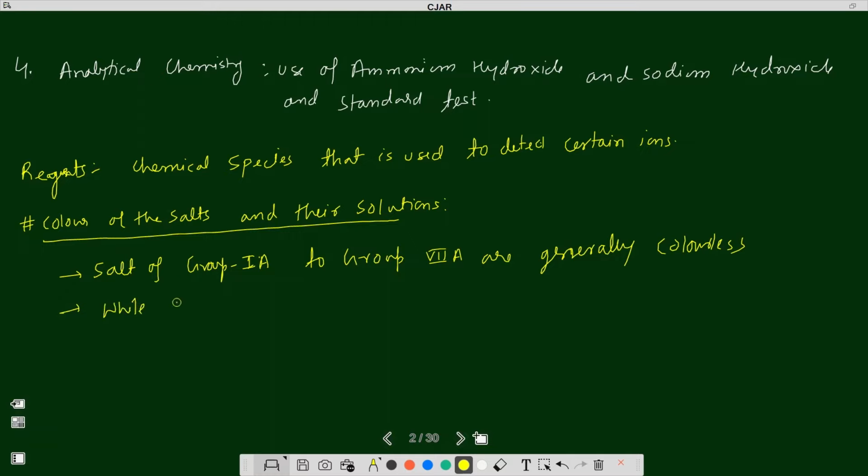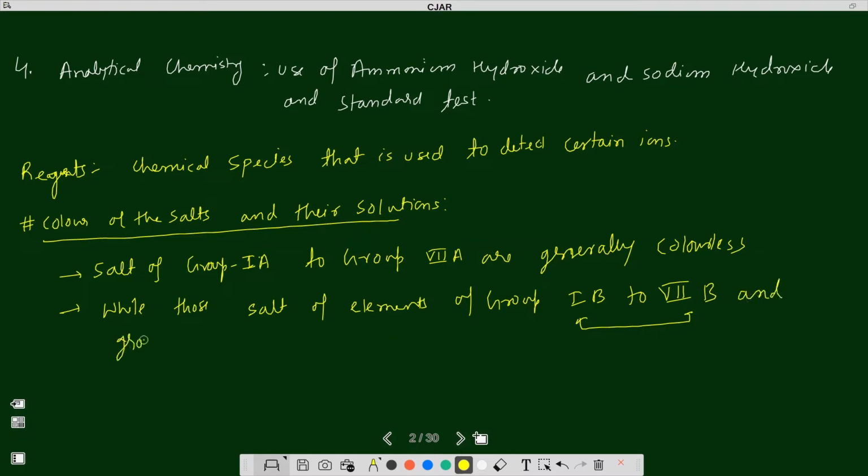Why? Those salts of elements of group 1B to 7B, and this 1B, 7B refer to the periodic table, I've already taught you, and group 8 are generally colored.